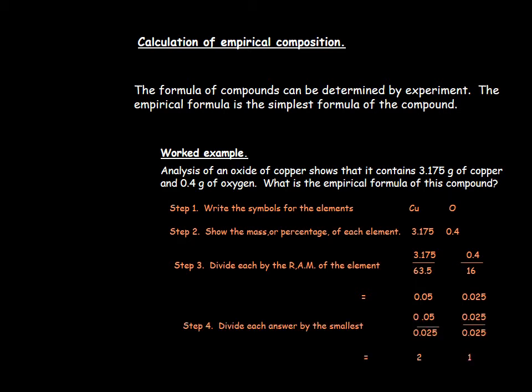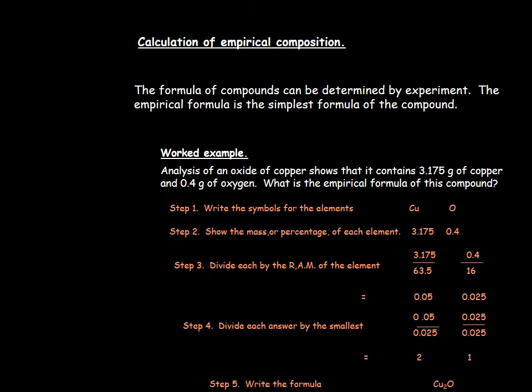So in step four, you divide each answer by the smallest. In this case, we have two numbers, 0.05 and 0.025. Clearly, the smaller one is 0.025, so we divide both of them by 0.025, which gives us an answer of 2 for copper and 1 for oxygen.